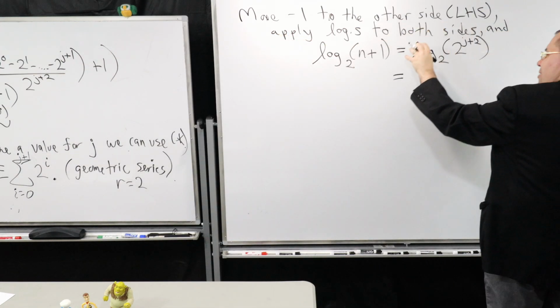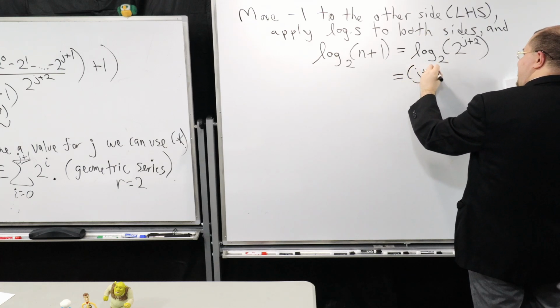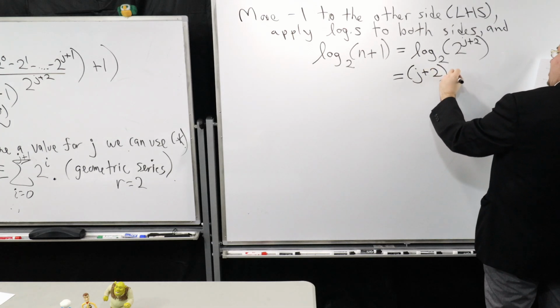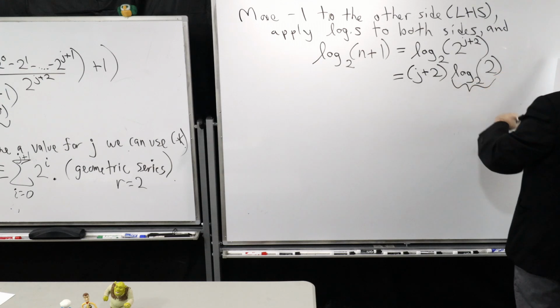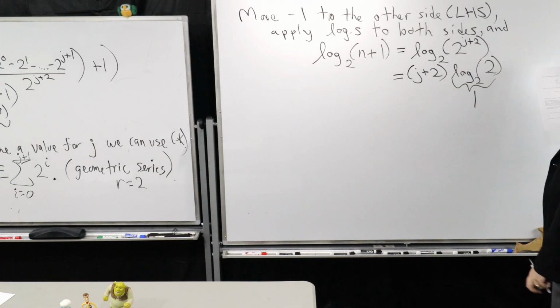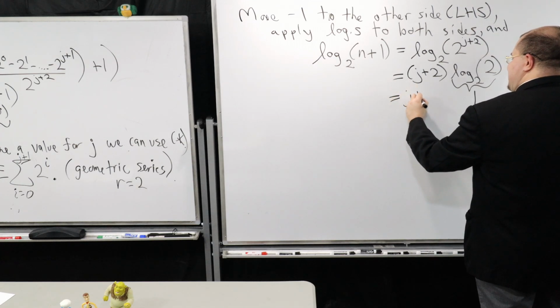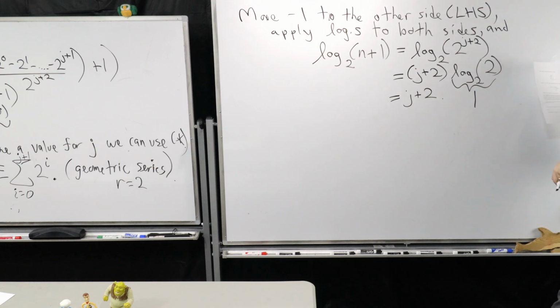I could drop this power down because of the power rule or power law of logarithms. So I could take j plus 2 right here. And then I'm going to have log base 2 of 2. But what's log base 2 of 2? It's just 1, right? So this is all equal to j plus 2.